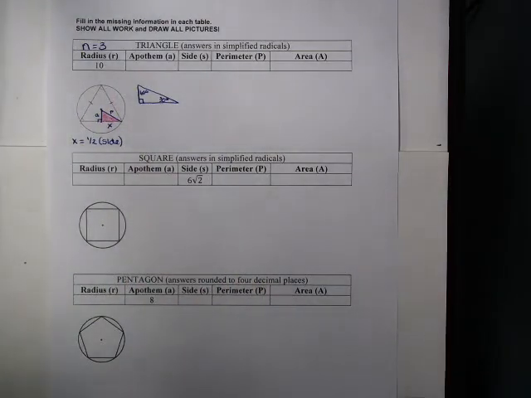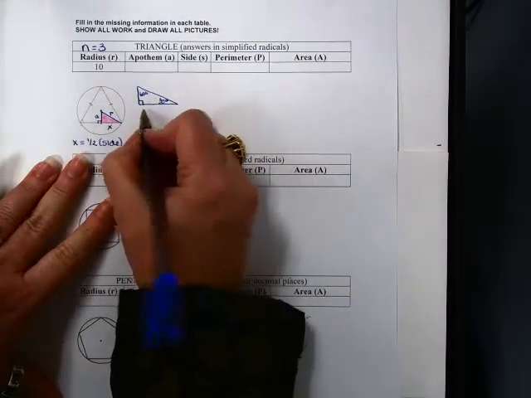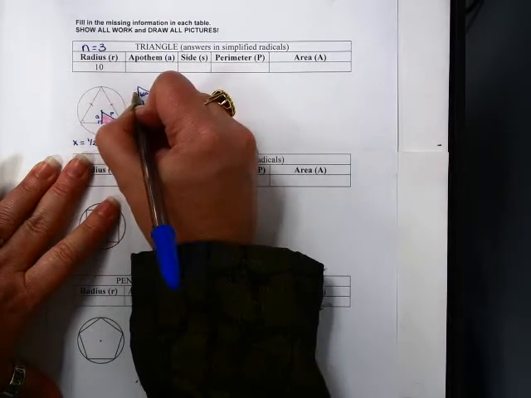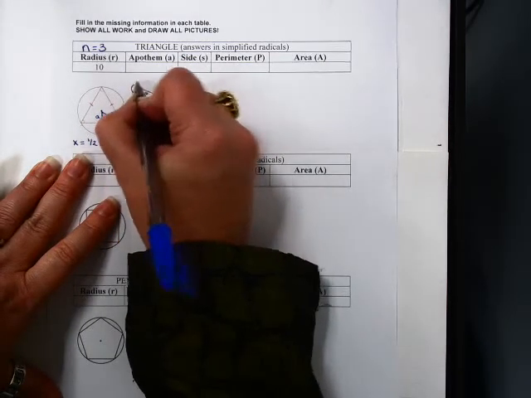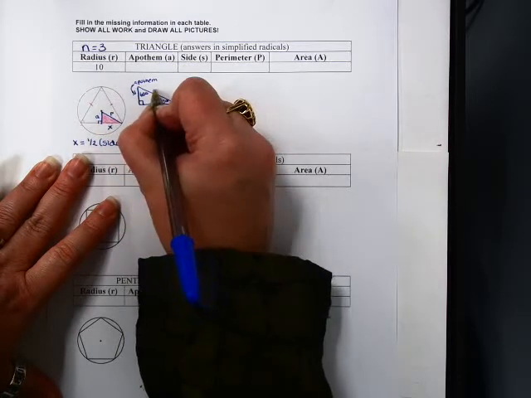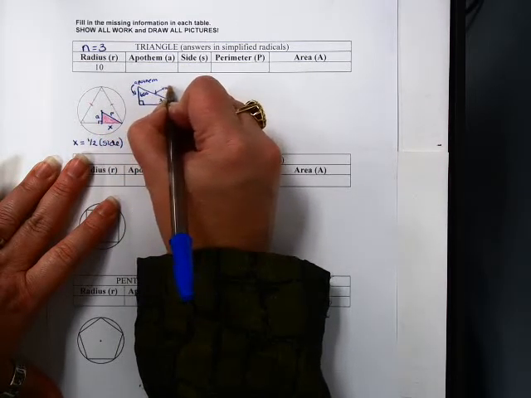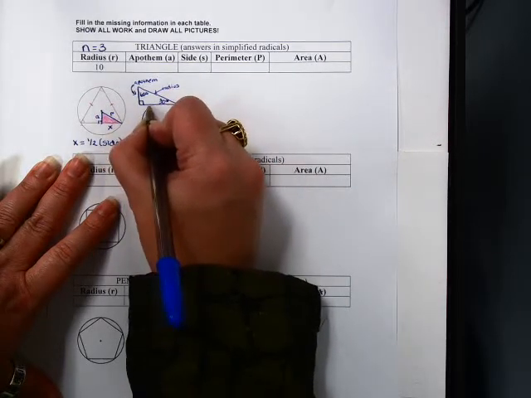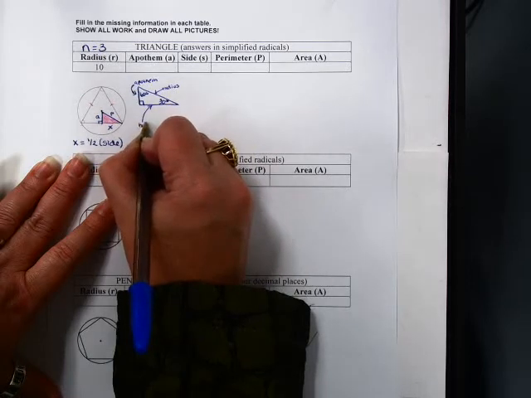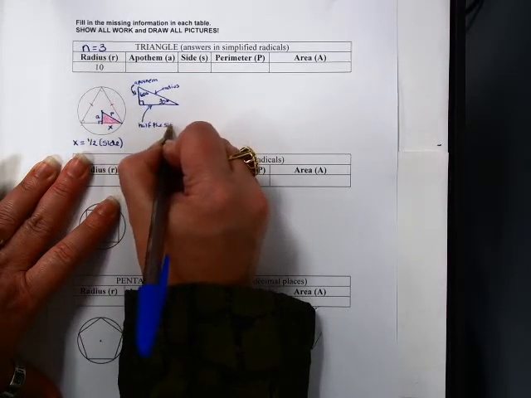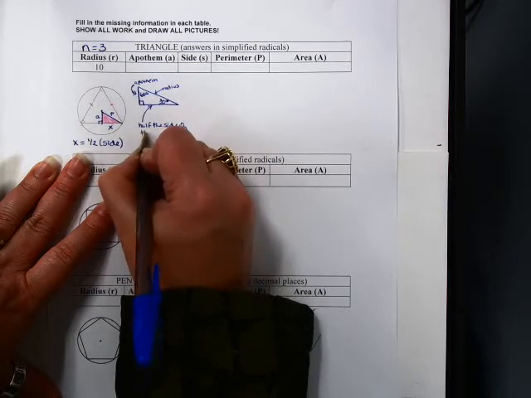Okay, now I'm going to write down all the information that I know. This right here is the apothem. This right here is the radius. And this guy right here is half the side of the triangle.